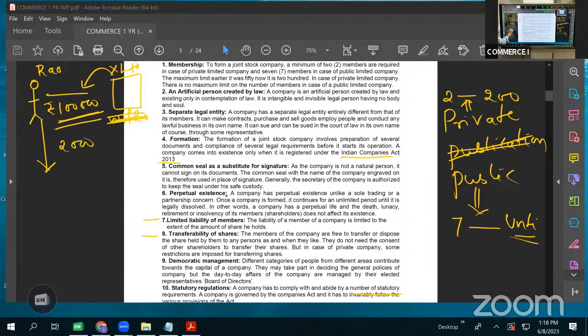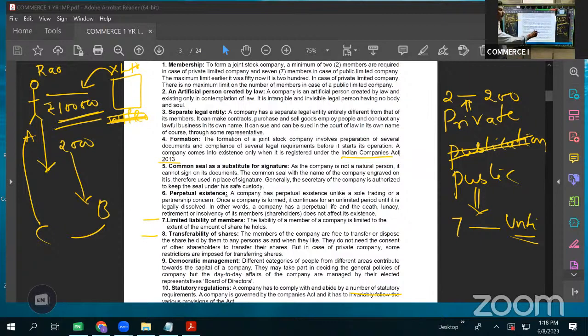He's in need of money. He wants to sell it to B. It can be done. Later, B wants to sell it to C. It can be done. Later again, C wants to sell it to A. It can be done. Shares can change hands. Easily transferable. The ownership in case of a company can be easily transferred from one person to another person. That is transferability of shares.